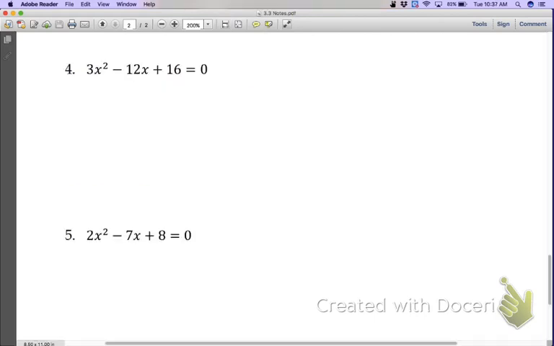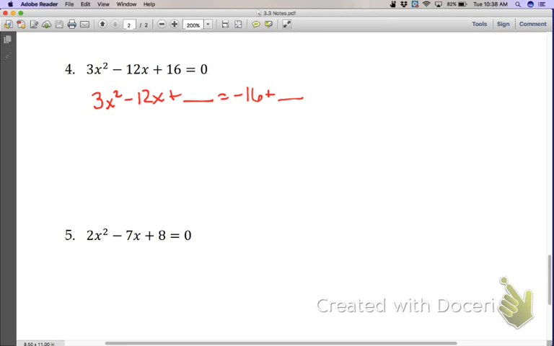Did you do number 2 then? So, same way on 4. We want to move the 16 over. So I have 3x squared minus 12x plus my blank equal to negative 16 plus whatever my blank is.